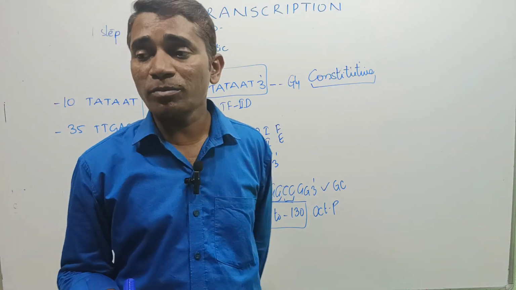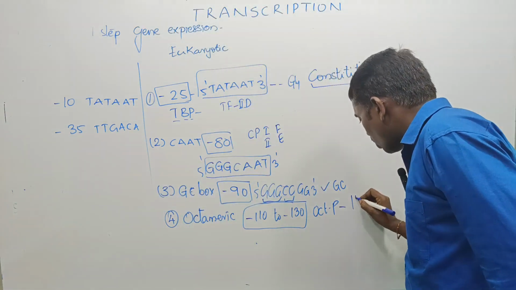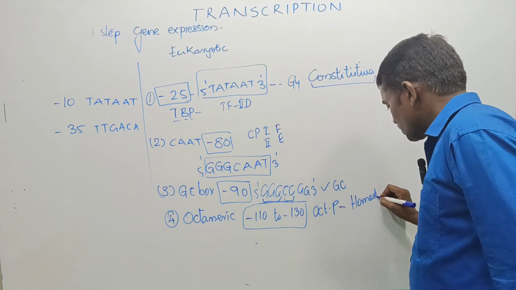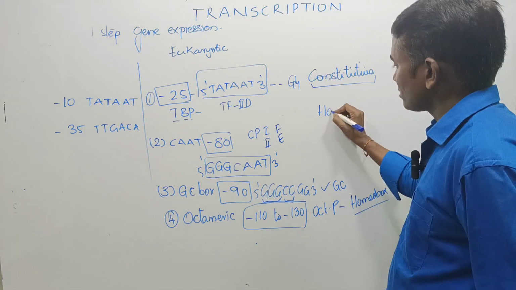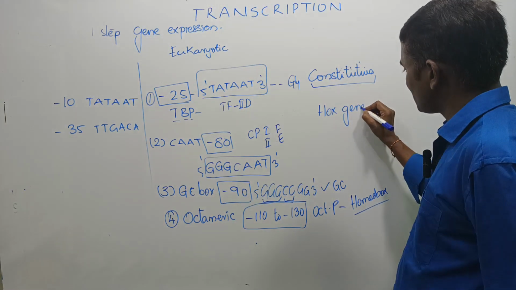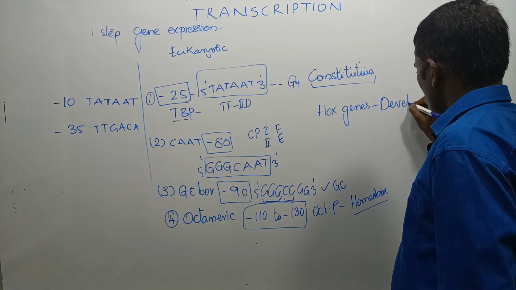So these octomeric protein sequences are present in homeobox domains. This homeobox domain is nothing but there are 13 such genes called Hox genes that are part of development of every organism.